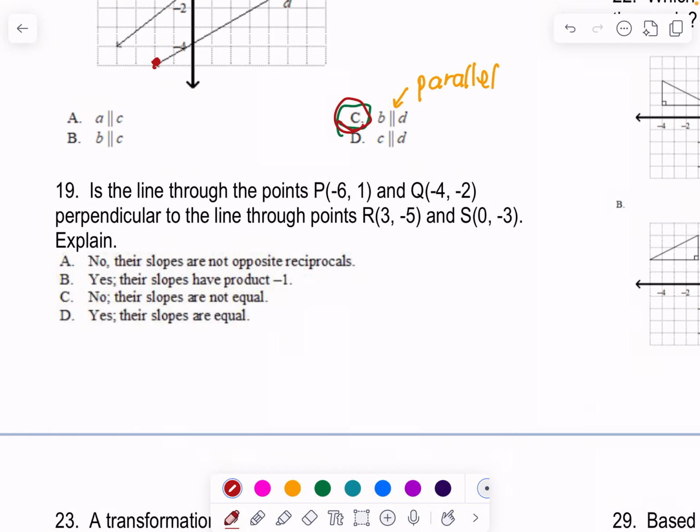Okay, is the line through those points perpendicular to the line through those points? And explain. Okay, so we want parallel. We want perpendicular.